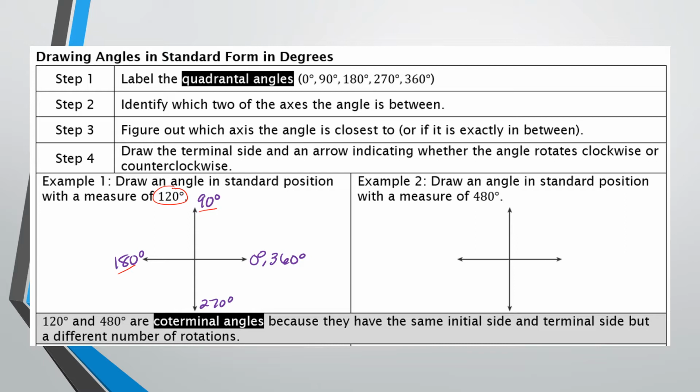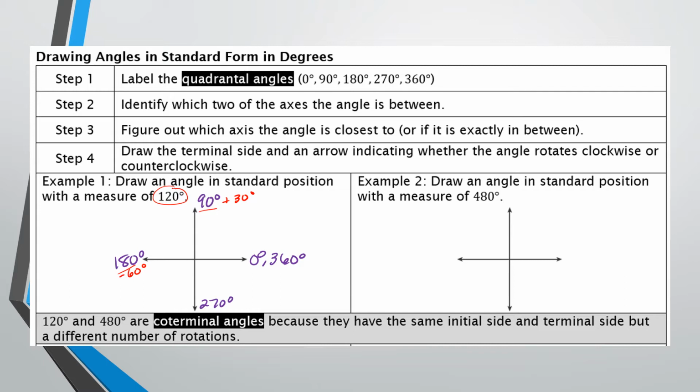So if I did 120 minus 90, it would tell me that I need 30 more degrees to be added onto 90 to make it 120. And then if I did 180 minus 120, it would tell me that it's 60 degrees away. So because 90 is only 30 degrees away, that means it's actually closer.